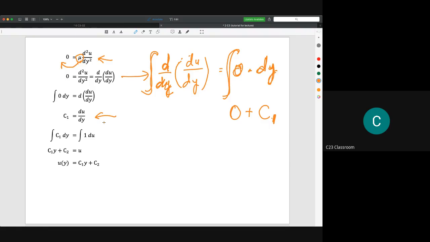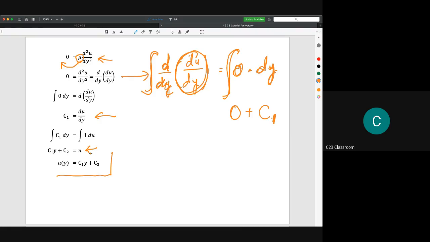So now you will have du over dy, only this term remains, equal to C1. And then if you integrate again, you will get u equal to C1 y plus C2. I think you could imagine this integration.